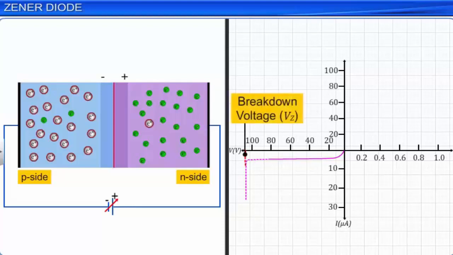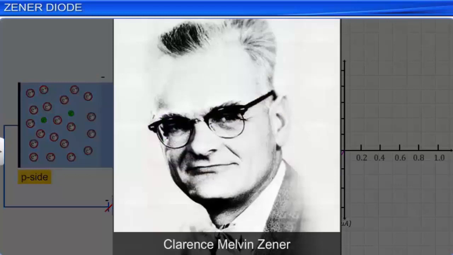A diode designed to have low breakdown voltage under reverse bias is called a Zener diode, which is named after its inventor C. Zener. A Zener diode is made by doping both the P and N sides of a PN junction diode heavily. The circuit symbol of a Zener diode is represented as shown.